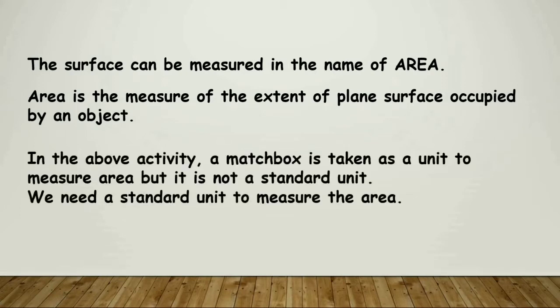In the above activity, a matchbox is taken as a unit to measure area, but it is not a standard unit, because the matchbox only helps us to decide which is the bigger sheet and which is the smaller sheet. But to measure the area, we need a standard unit.